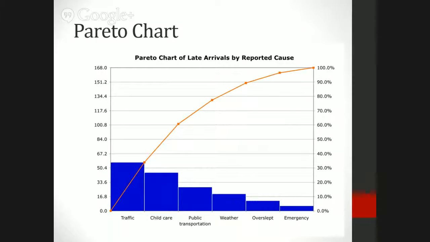Okay? If I wanted to know what the other ones were, I could simply look here and see that we have public transportation, weather, oversleep, and emergency. Well, if this is 60%, then these represent 40% of my problems. Well, I can't do anything about the weather. You can't do anything about emergencies.